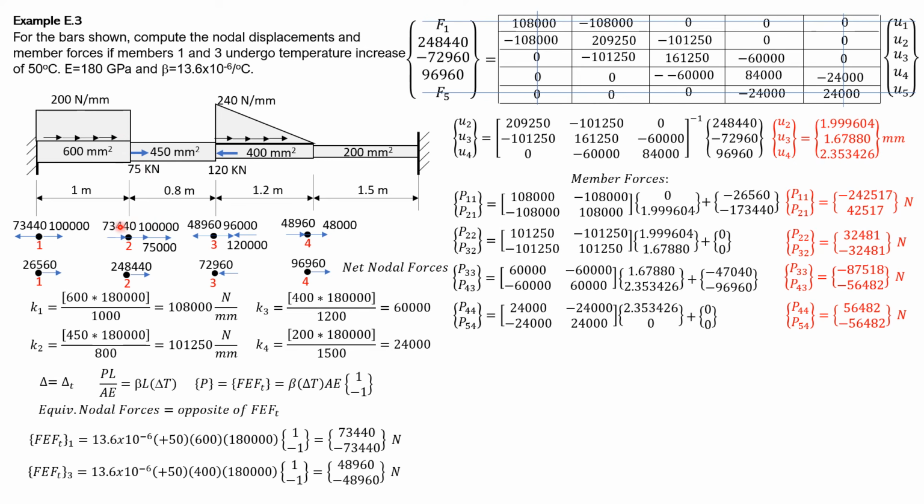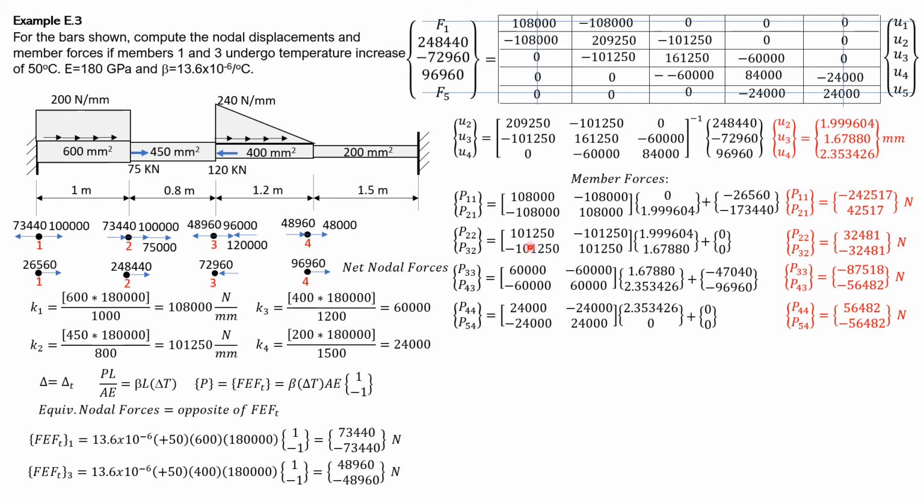Because these two are rightward, the fixed end force will be leftward: negative 100,000 and negative 73,440 is negative 173,440. Solving for the forces of member 1, you expand this matrix plus this matrix. You get negative 242,517 and 42,517 newtons.